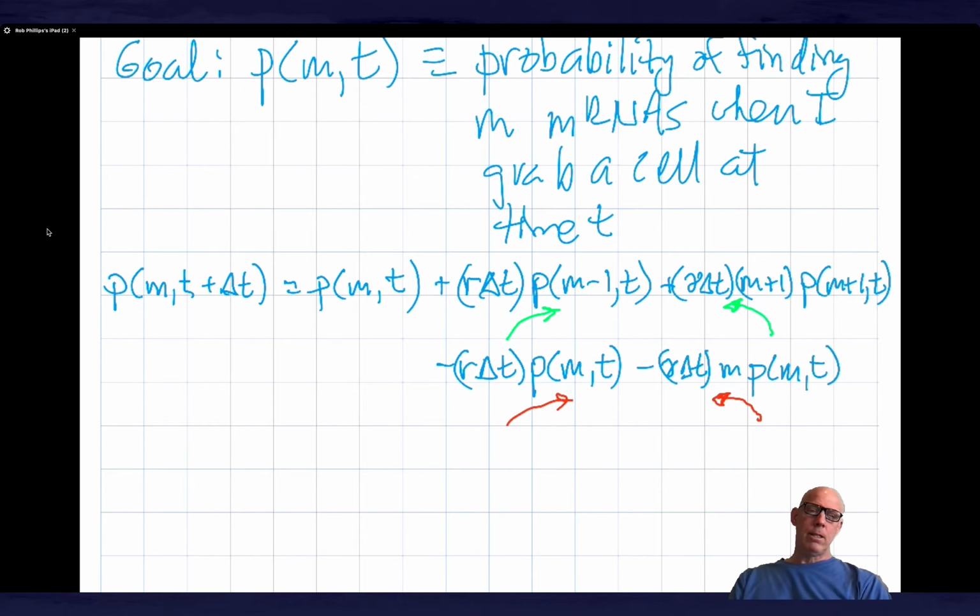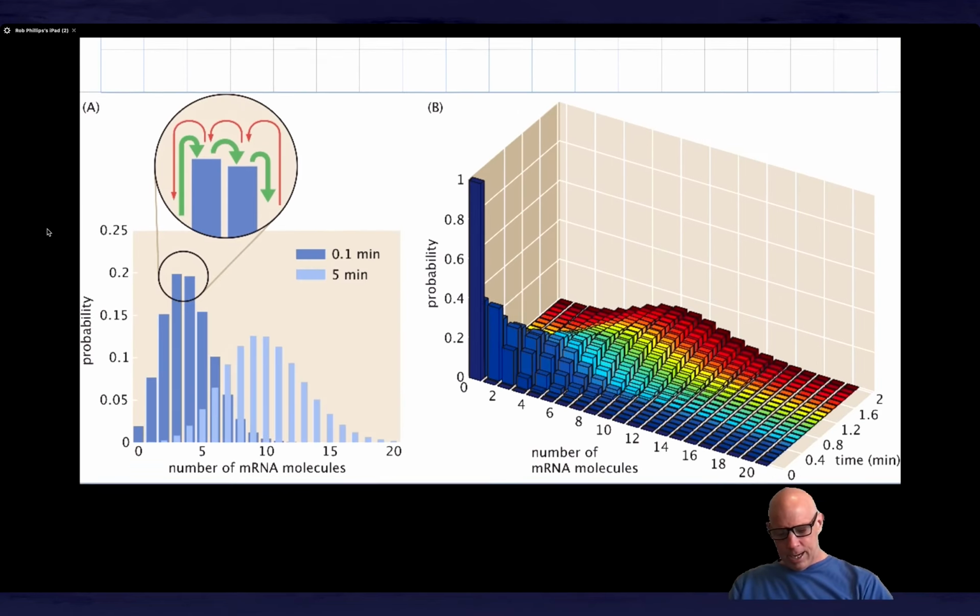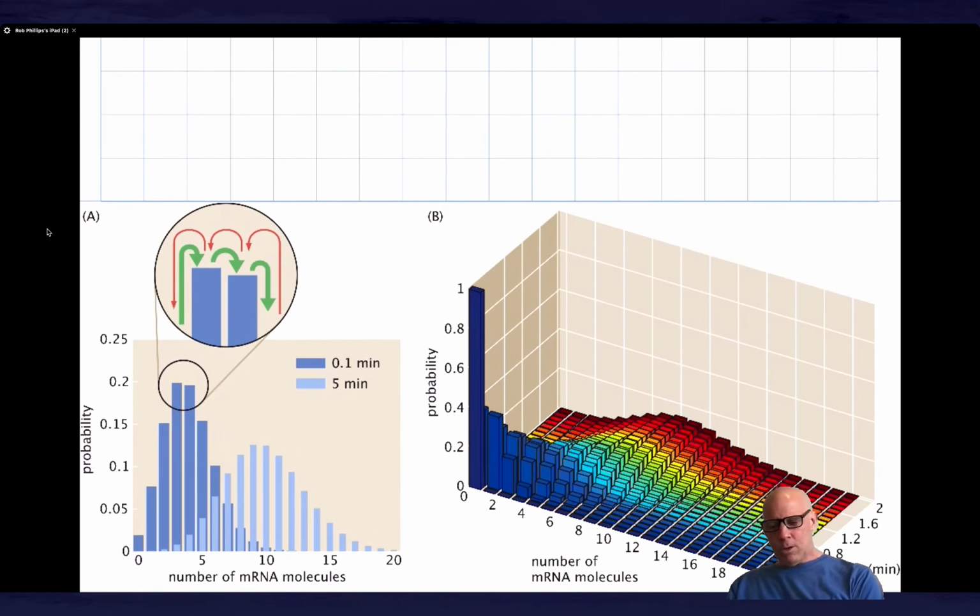In a sense, this is all we need. Let me say, for the homework, you'll have an opportunity to try this out, where you will implement it in Python, and the sort of thing that you'll pursue is shown here. Notice at t equals 0, the time axis is in this direction, and at t equals 0 this is a spike at mRNA count 0.